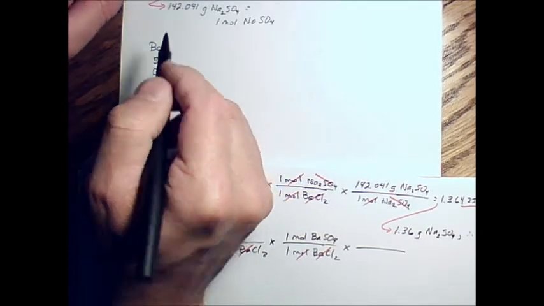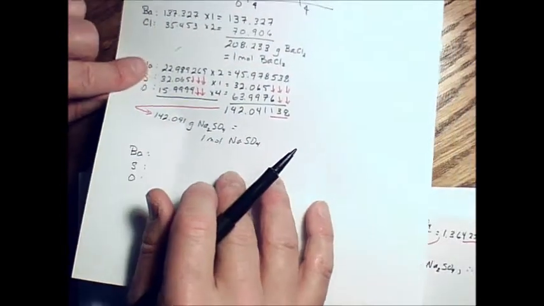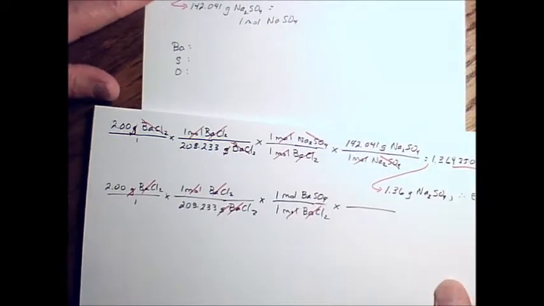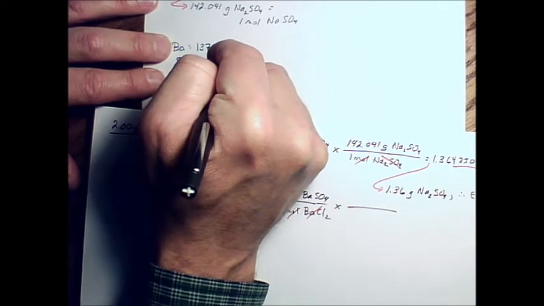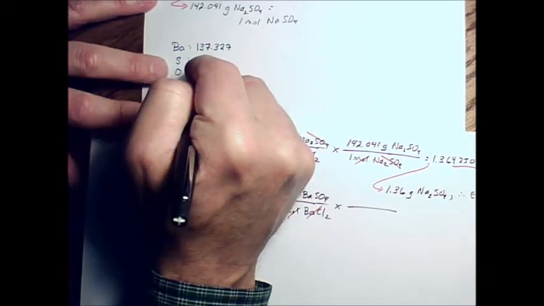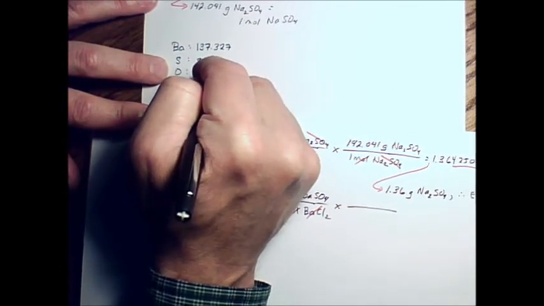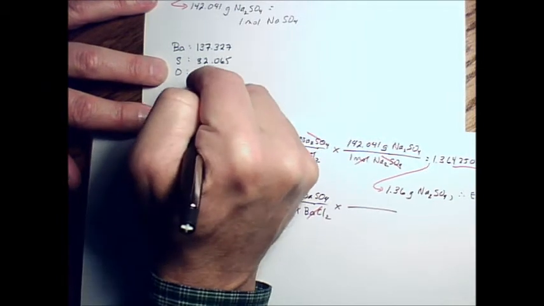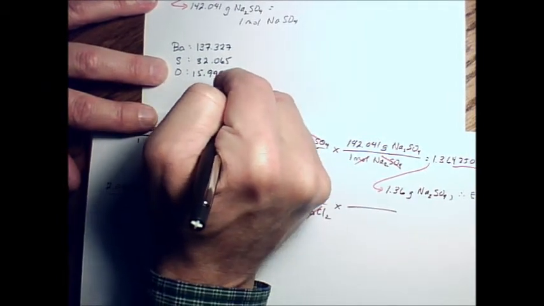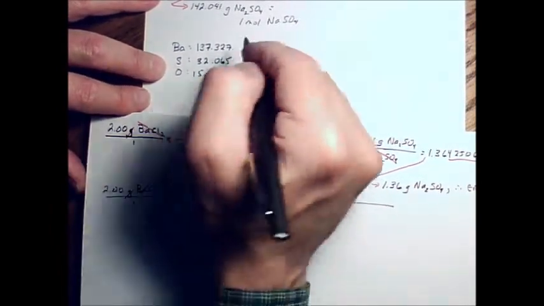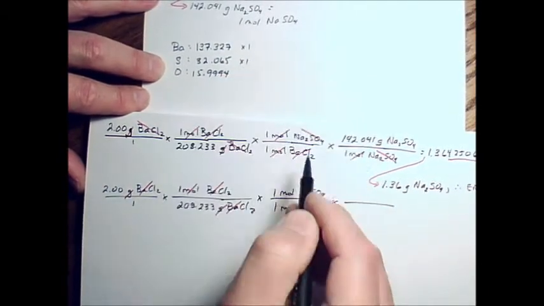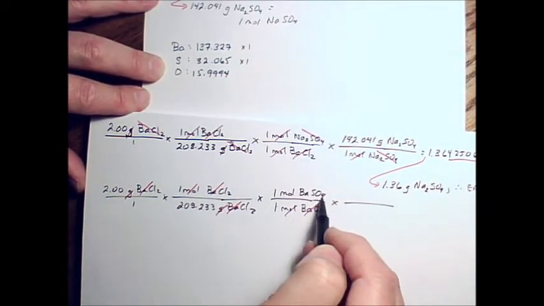I've already looked up the atomic masses in the earlier problems up here, so I can just transfer those down, save myself a little bit of work. Okay, so in barium sulfate, we have 1 barium, 1 sulfur, and 4 oxygens.